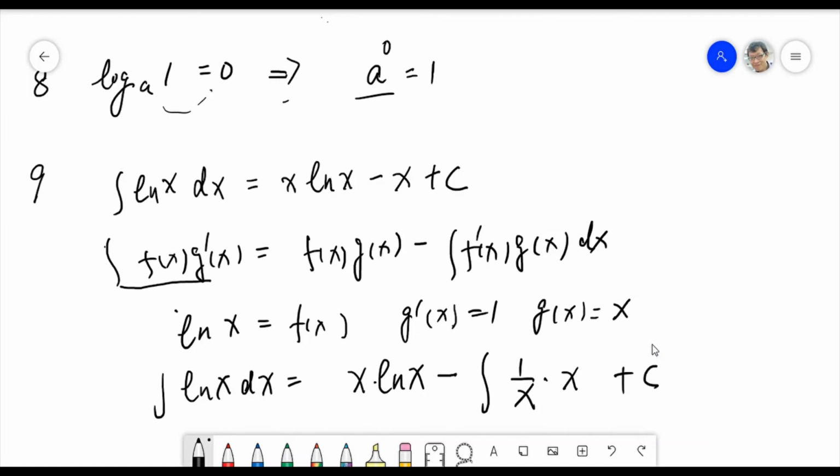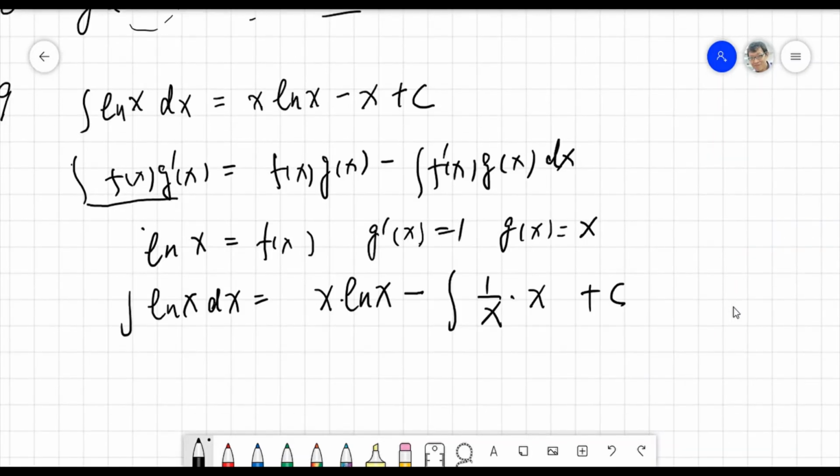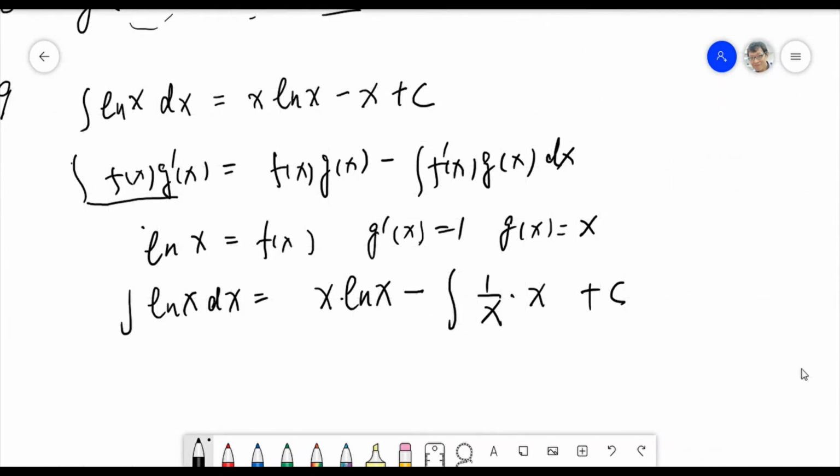So we already get this one, it's already the same. So x ln x minus, this should be 1, and then the integration should be x, and then plus c. So it is easy to prove that.